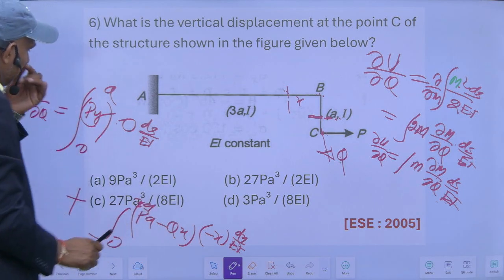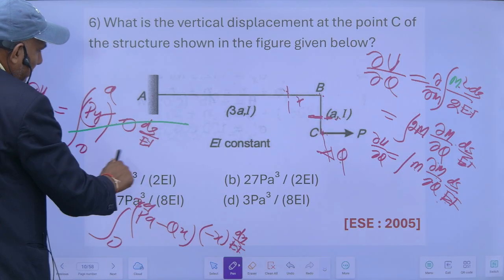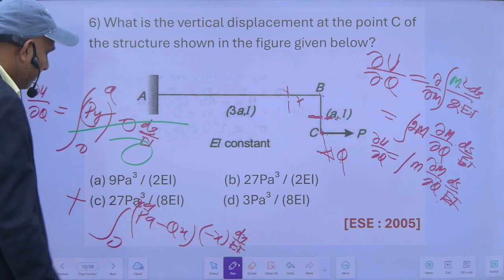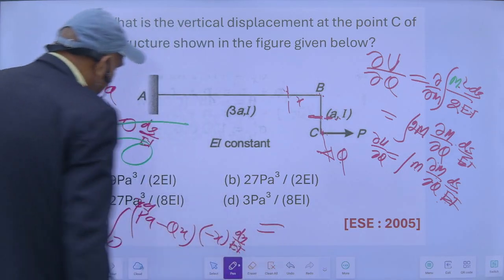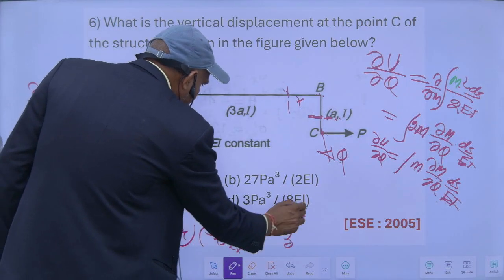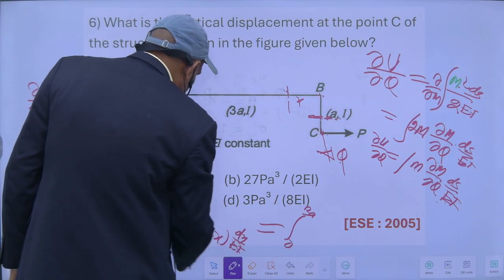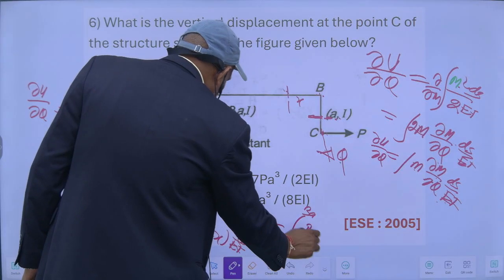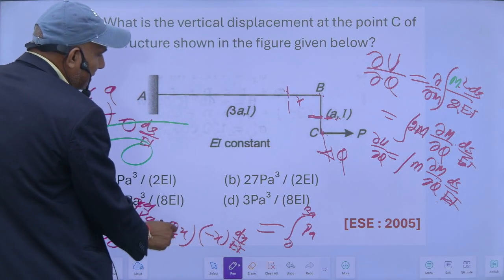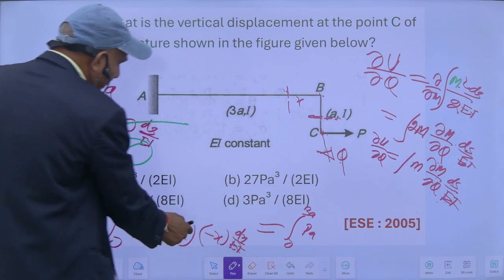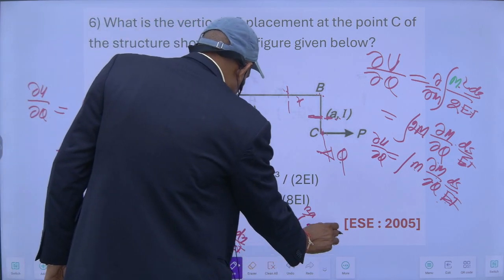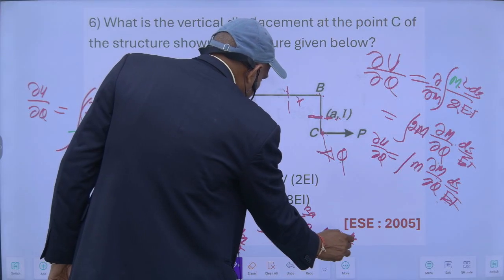So this one will become 0. I put Q equal to 0 since this is an imaginary load. So this will be Pa into minus x into dx upon EI.